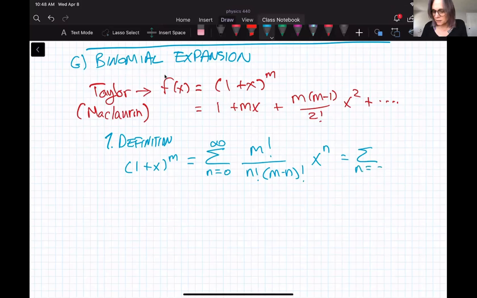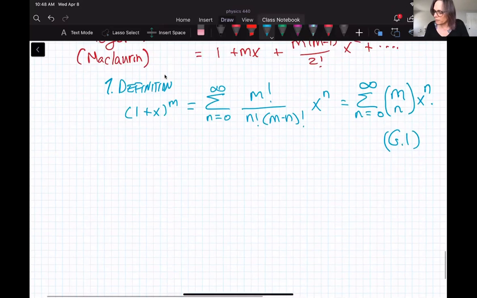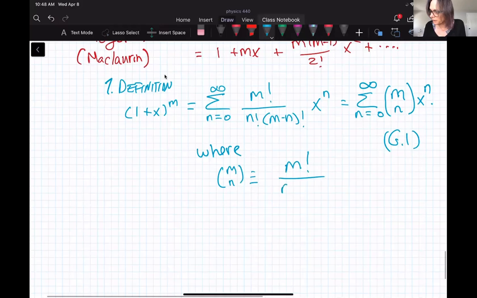Because technically, when we talk about over, we mean that for binomial statistics. All right, so that's just the compact way of writing that, where m over n is defined as m factorial over n factorial times the factorial of the difference between the two.